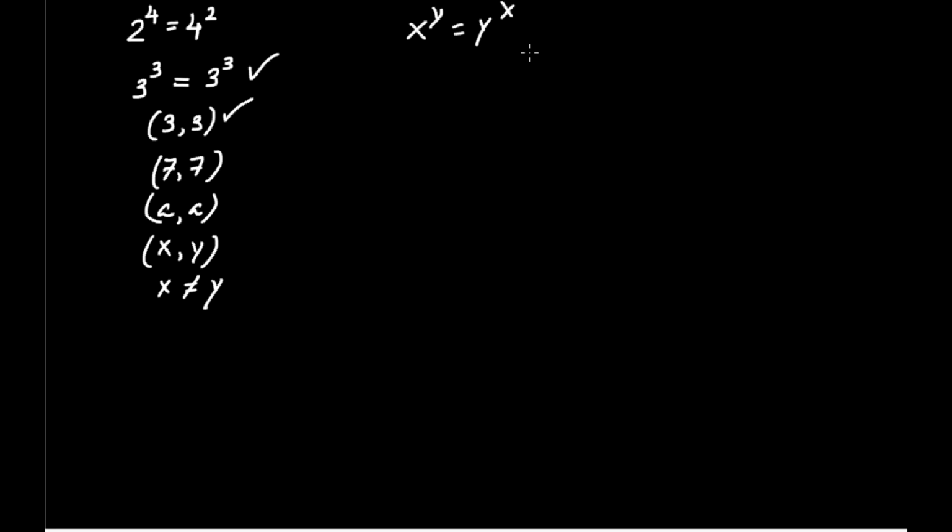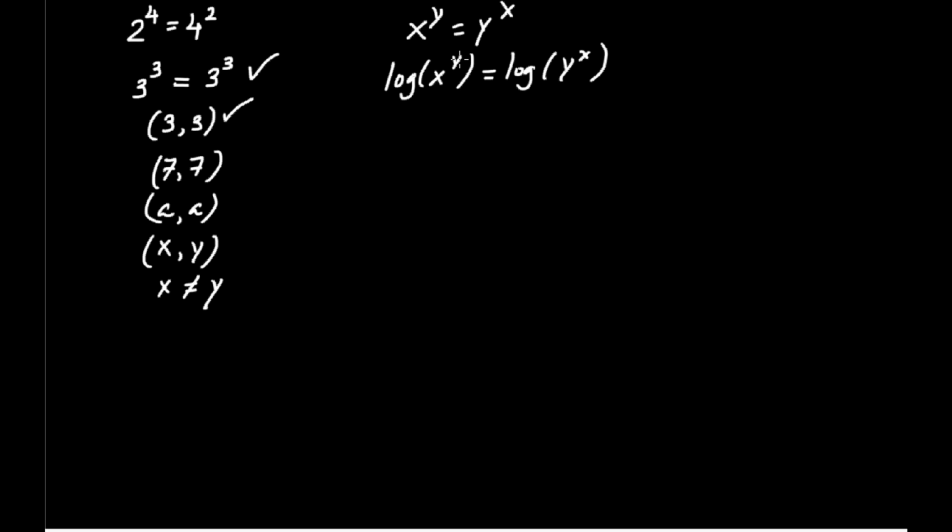Now, let's think about some strategies that you might use to find some pairs x, y that commute. We could try to do some algebra on this. Since we have stuff in the exponent, let's try taking the logarithm of both sides. So I have the log of x to the y power is equal to the log of y to the x power.